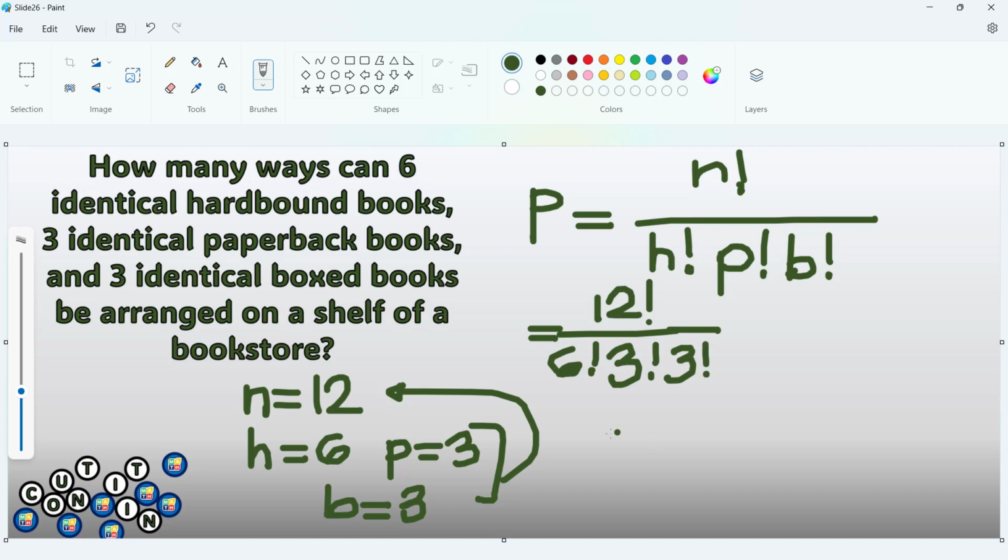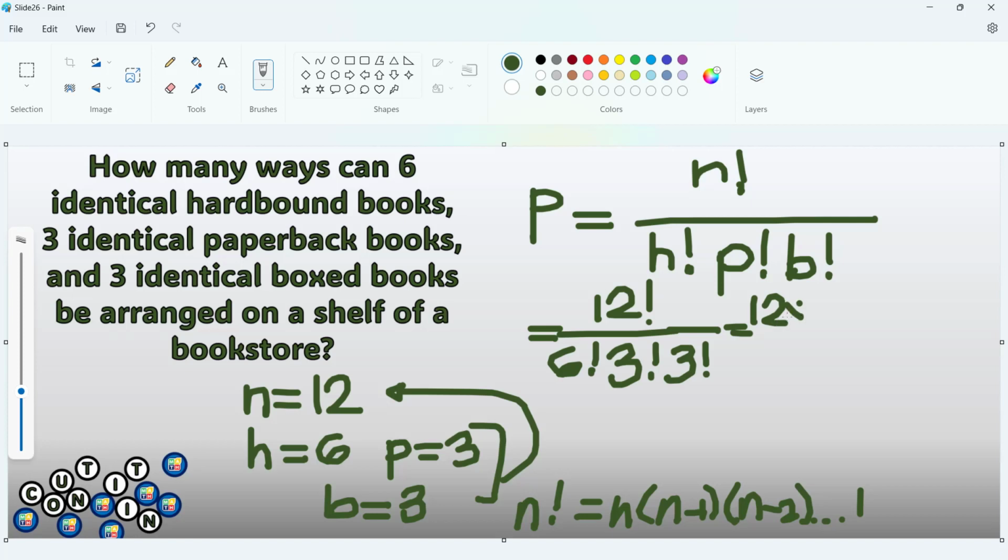Take note that the factorial notation can be expressed in this manner. N factorial stands for the product of integers from 1 to n, or we could do it in the reverse order: n times n minus 1 times n minus 2 until we reach 1. In short, our 12 factorial can be written like this.